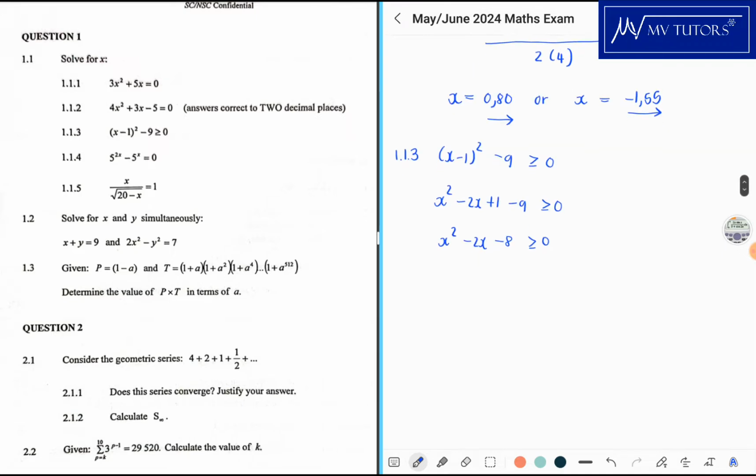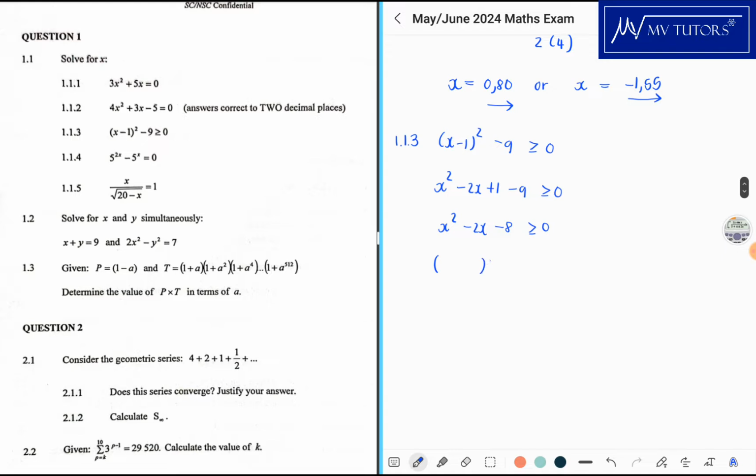Now we can go and determine the values of x as we factorize. So with 8, I can have 2 times 4. And if I say minus 4 plus 2, I will get minus 2.